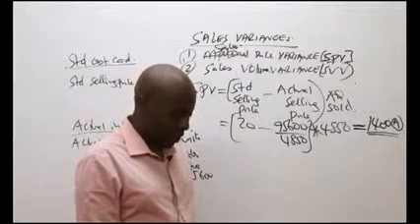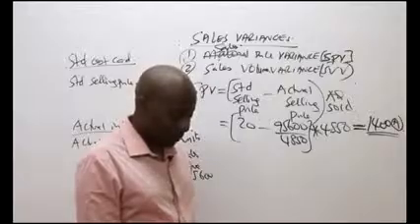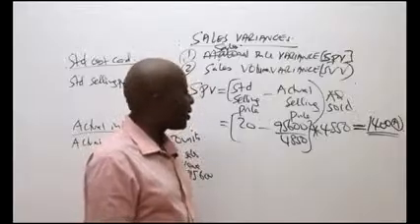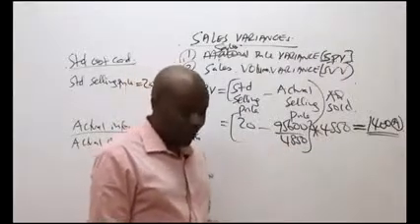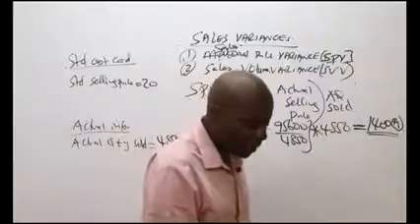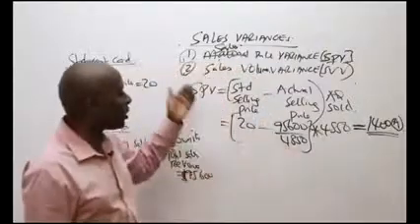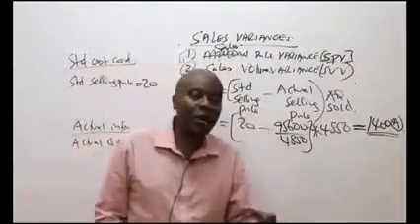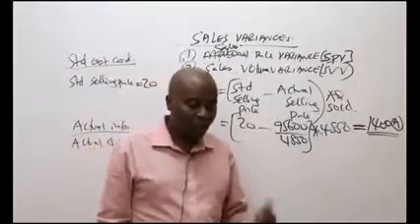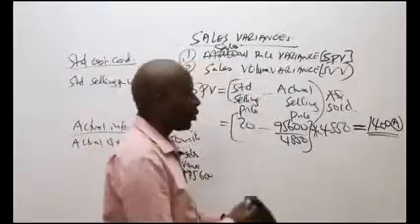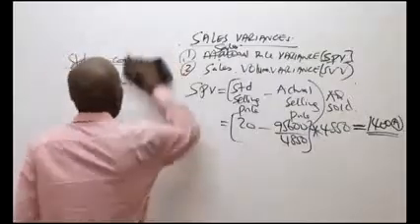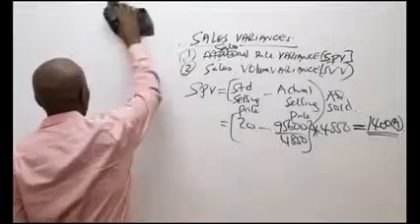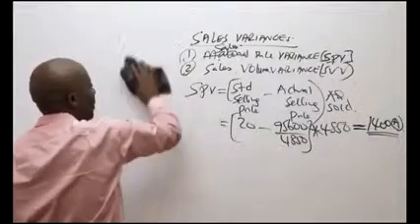So I'm getting 19. Yes. It's supposed to be a positive answer, but my students know that it's supposed to be adverse, because all sales variances are exceptional.